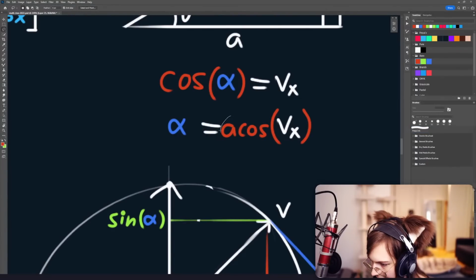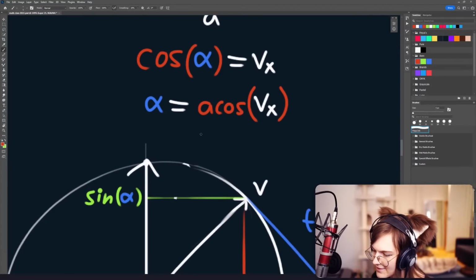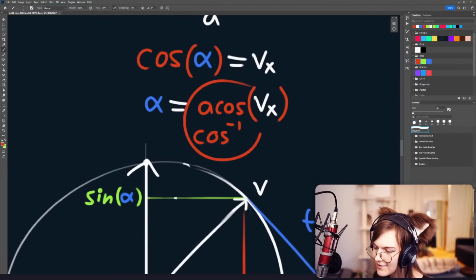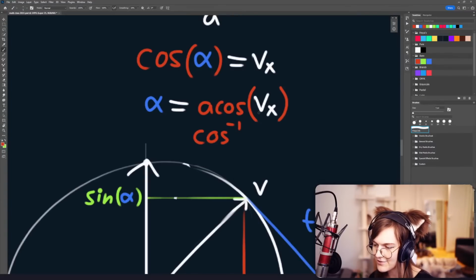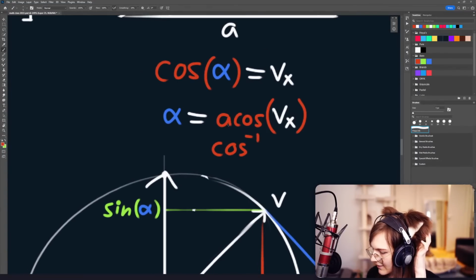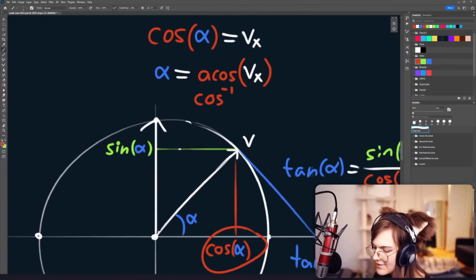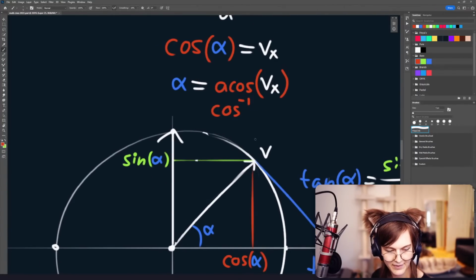You sometimes see it written as cosine to the power of -1. Both of them mean the same thing. This is the arc cosine. It is the inverse cosine function. So if we know the component, we can get the angle out of it.